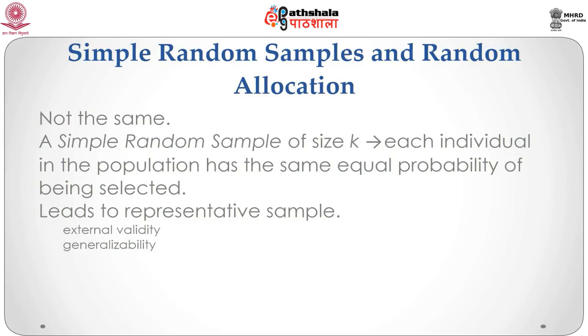The reason why simple random sampling is used is the hope that it will help with the external validity of the results as well as allow them to be generalized to a larger target population.